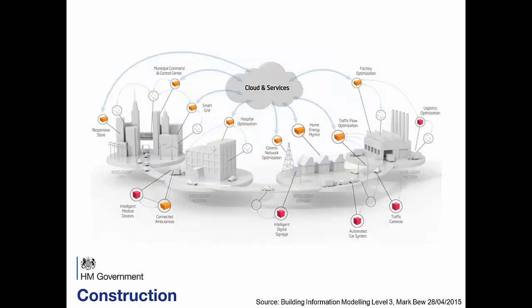So it's not only about individual buildings, but buildings as a part of the infrastructures, the service structures and activities that we do in the built environment. And this is the vision that is now in the 2025 strategy that the government has been implementing, the next steps after the 2016 Level 2 BIM implementation.